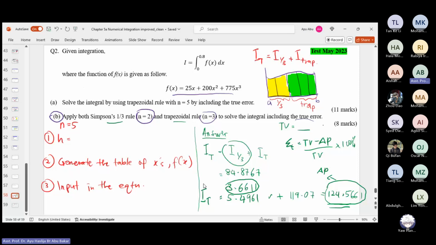So integration always involves trapezoid, Simpson's 1/3, Simpson's 3/8 for now. Later on, when it involves Romberg, there is an addition to this. Any question before we stop?